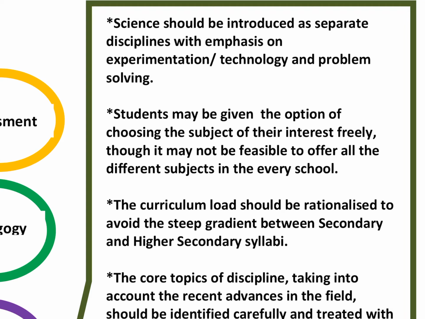They can opt for separate physics, separate chemistry, and separate biology, different subjects, and some schools may offer all these three subjects along with the other subjects, and some schools may keep only two subjects along with the other subjects. It varies from school to school.